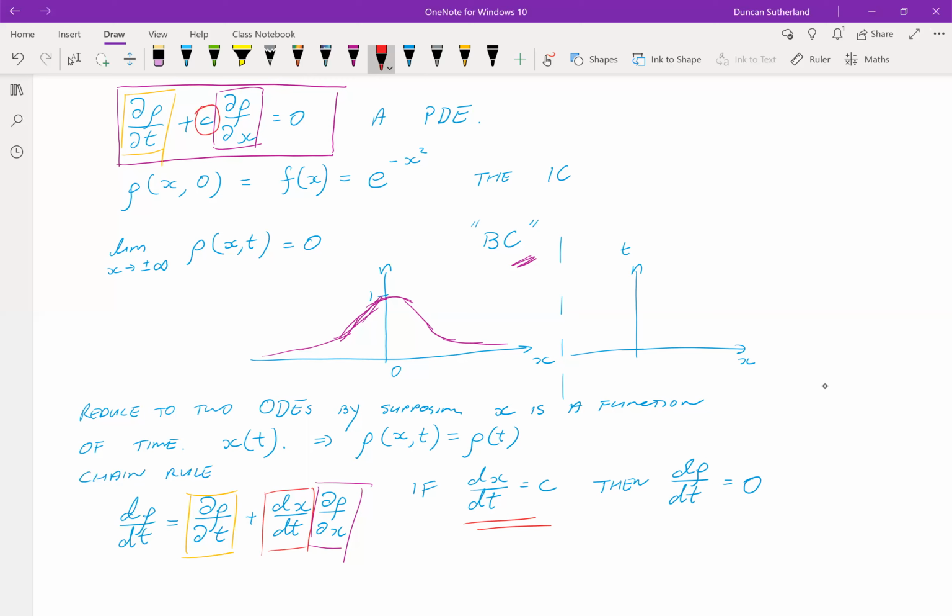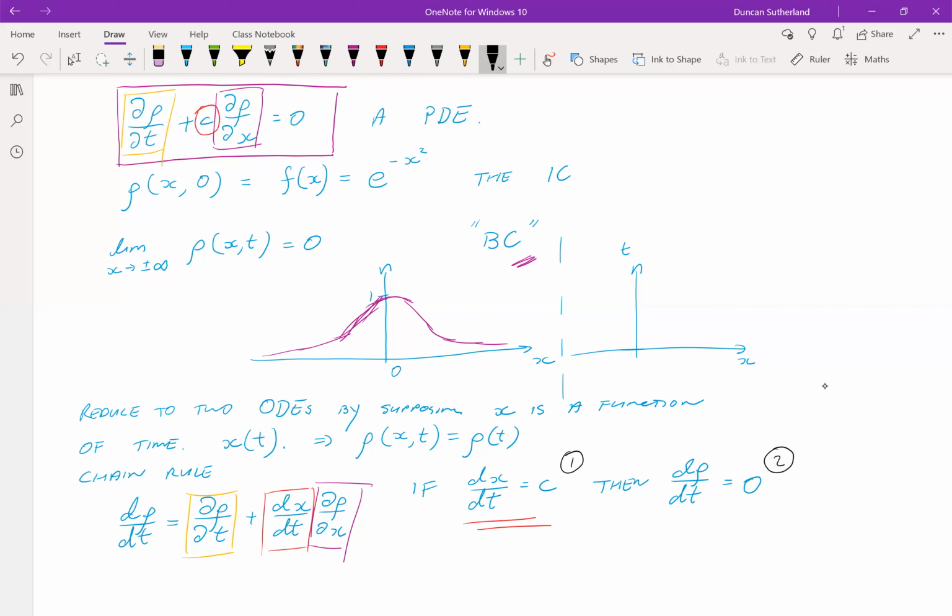And this whole thing would be d rho dt plus c d rho dx, which we know is equal to 0. So d rho dt must be equal to 0 as well. And that's it. That's reduced our partial differential equation to two very simple ordinary differential equations.